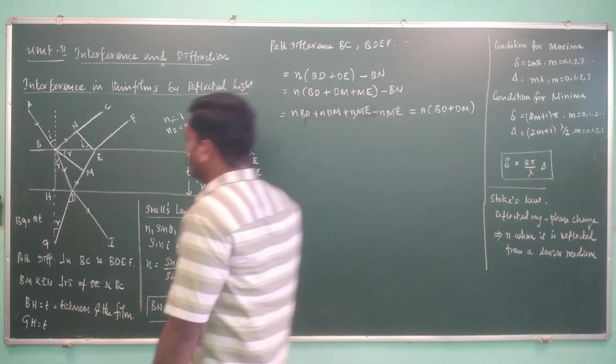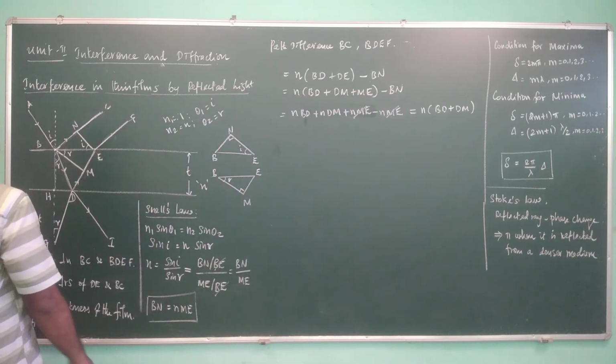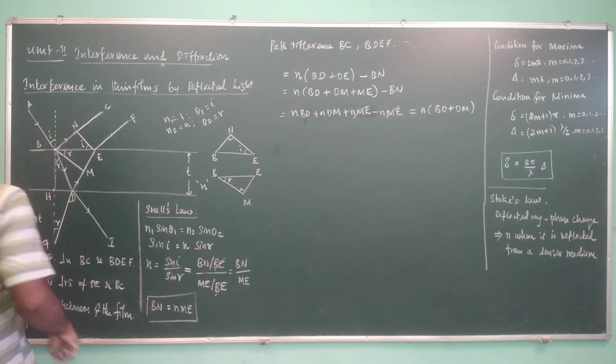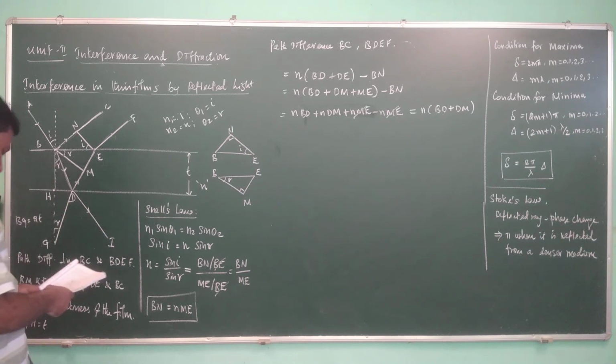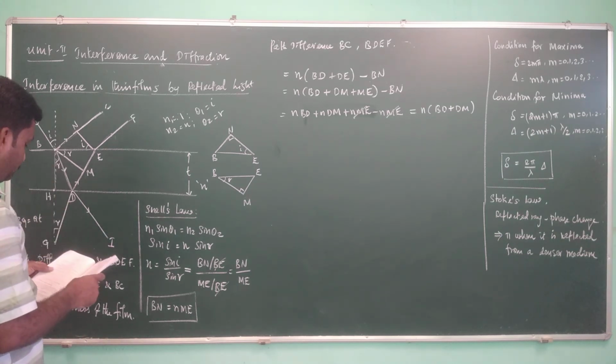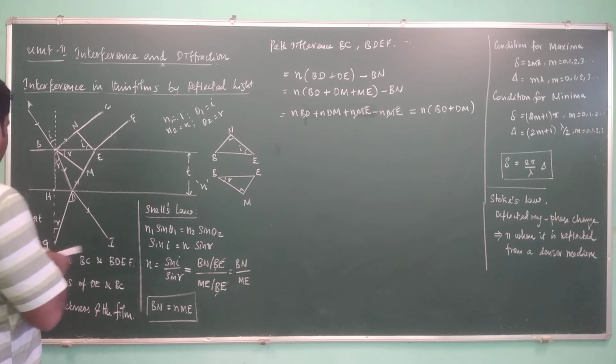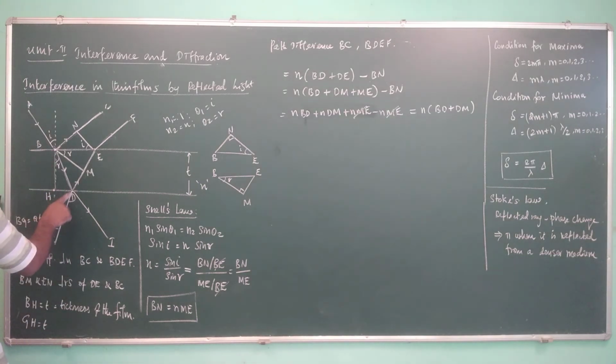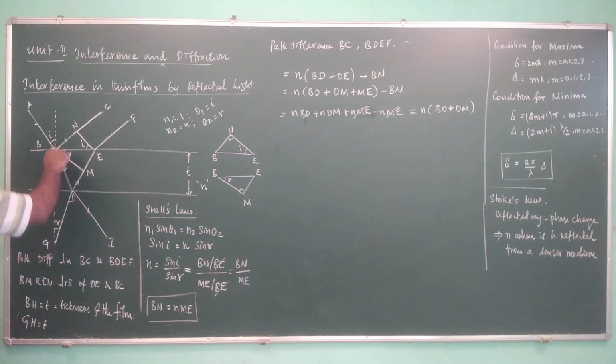DM. What is BD? This is BD and this is DM. Now another thing is, this BD and this DG is equal.